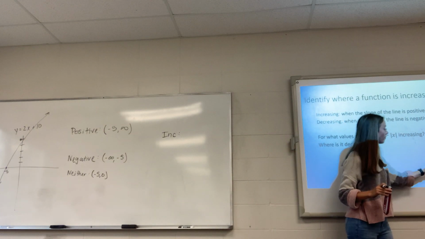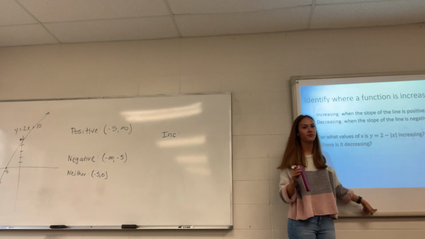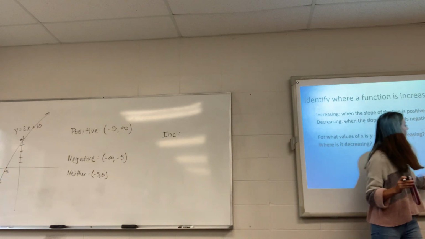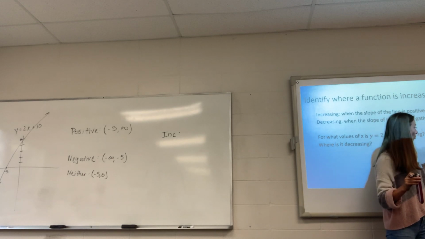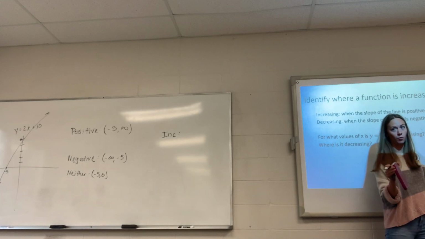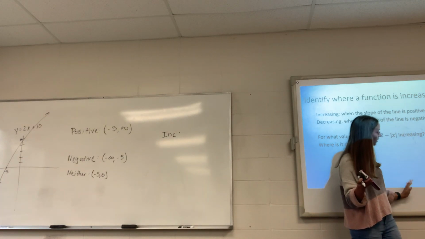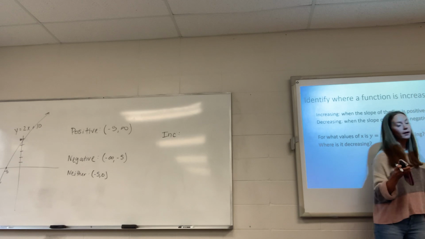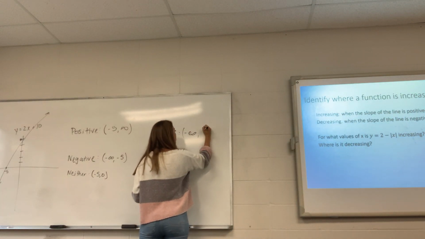So in terms of my x values, it can keep coming all the way to negative infinity. And then it's gonna stop increasing, not at 2, I'm not talking about my y, I'm talking about 0 because I'm talking about my x, okay? So it will be increasing from negative infinity to 0, okay? So I would write it just like negative infinity to 0.